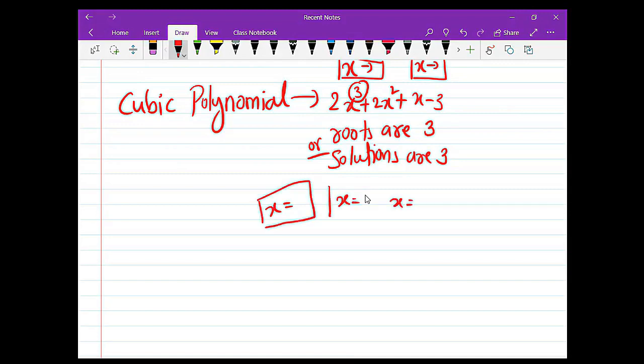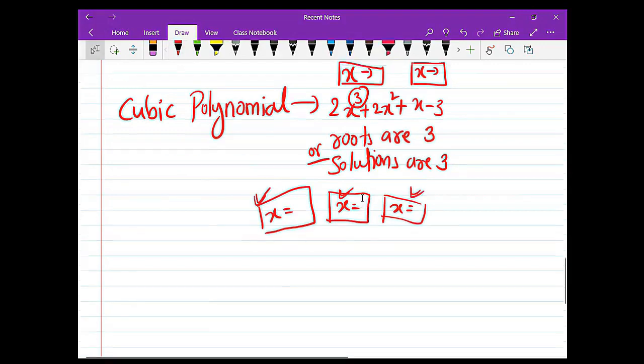And listen carefully now. Maximum 3. Okay, maximum 3, not more than 3. It may be one value, it may be two values, and last it will have three values, not more than 3.